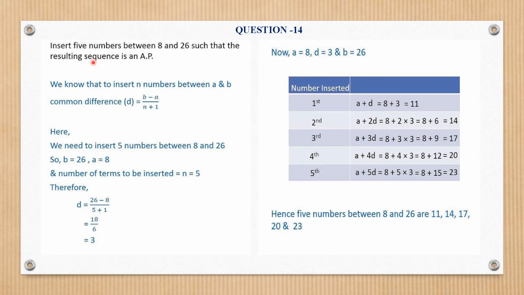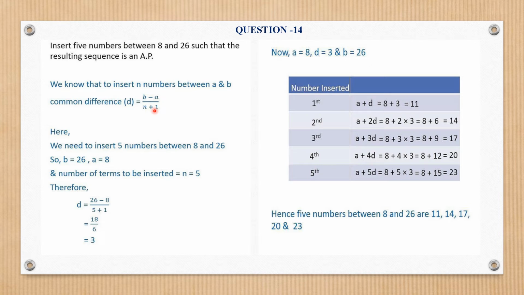Question number 14 says, insert 5 numbers between 8 and 26 such that the resulting sequence is an AP. It's a very good question. Now we know that to insert n numbers between A and B, the common difference is (B minus A) upon (n plus 1). So this is also a trick in which you can calculate your common difference.